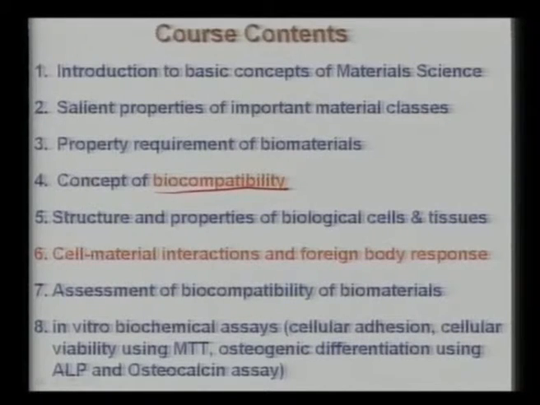Then comes cell material interactions and foreign body response. I'll deal mostly with the theoretical understanding of cell material interaction, that means how a biological cell interacts with a synthetic material, as well as the foreign body response, that is, when a synthetic material is implanted in the human body, what would be the response of the human being to this implanted material.